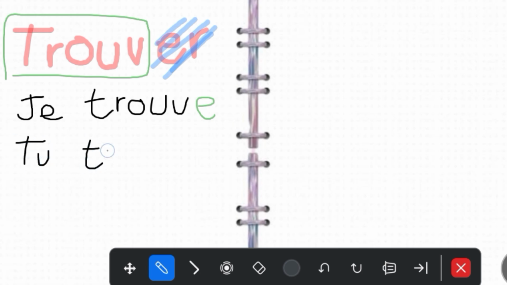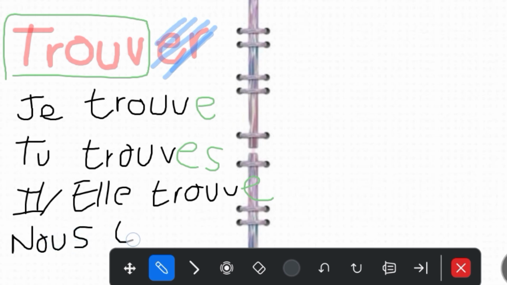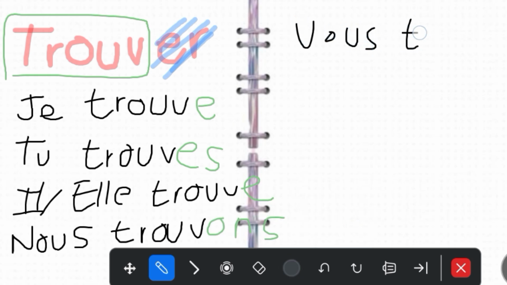Tu trouves, il trouve, nous trouvons, vous trouvez. I'm taking it down just because I don't have space.